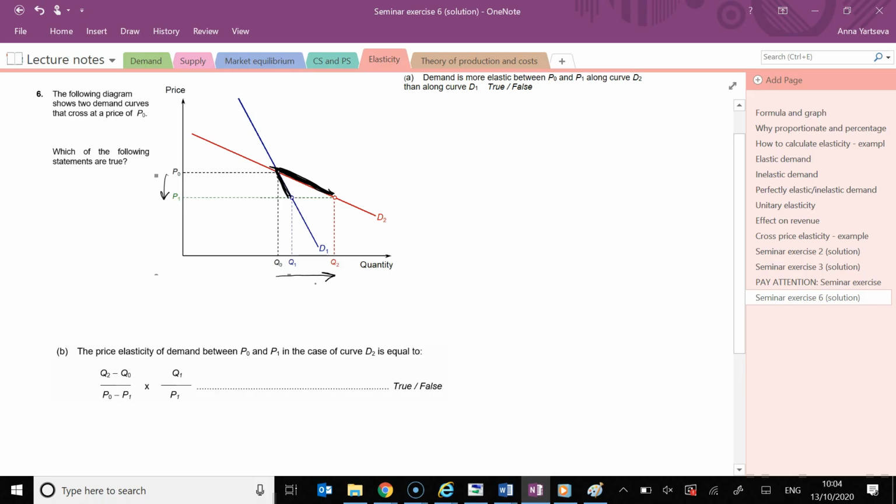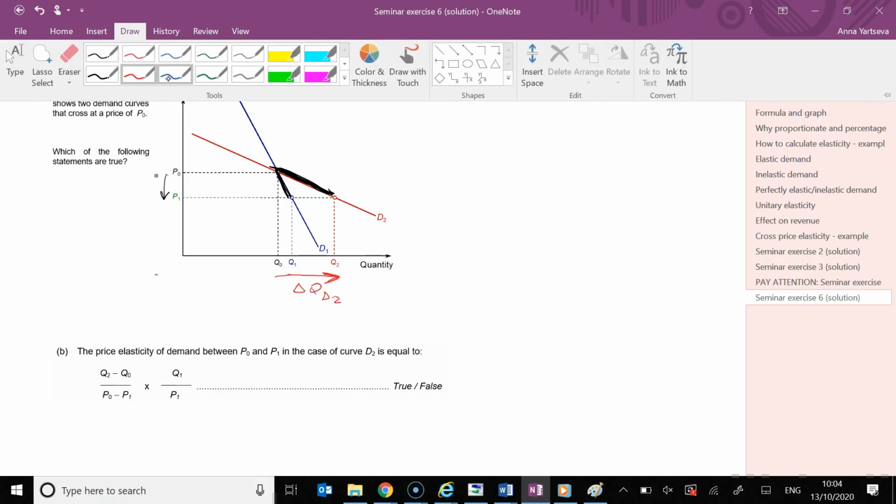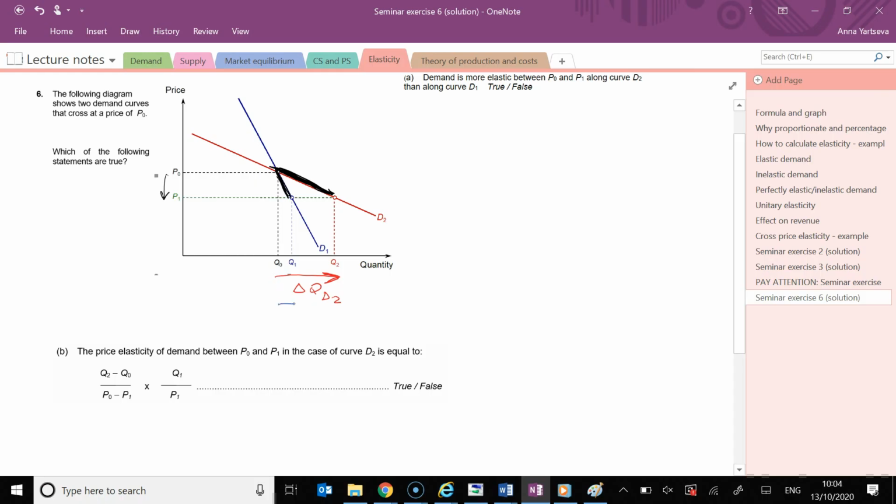So let me just probably use different colors to make it easier to understand. The same drop in price leads to this large change in quantity for demand 2 and a significantly smaller change in quantity, this change in quantity for demand 1, for blue demand.